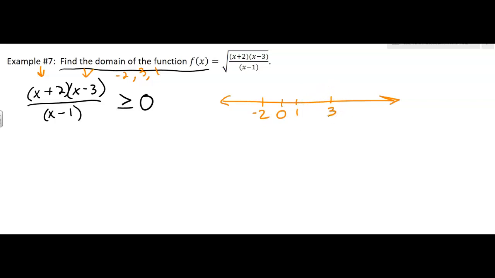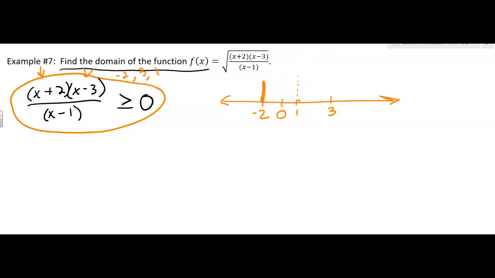Okay, so if I'm just looking at this part right here, I would ask, what can I have? Can I have it be -2? Can I have it equal 0? Because that would make the numerator 0, the whole thing would be 0. Can I have it be 1? No, I can't have it be 1 because that makes the denominator 0.